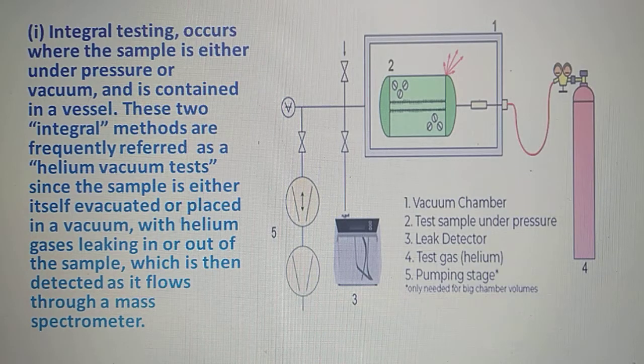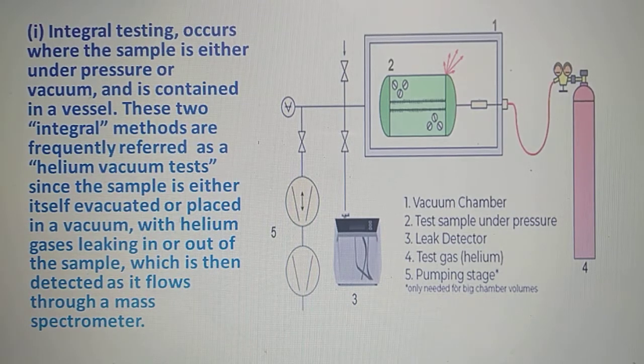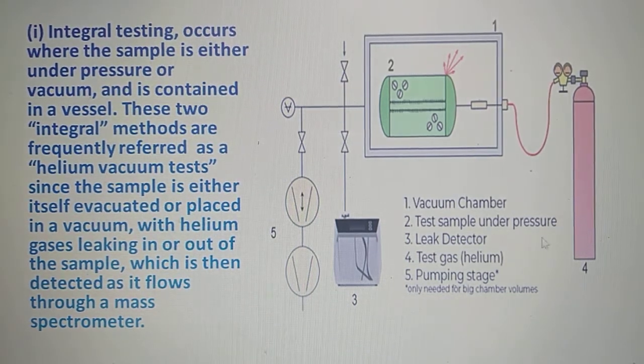So let's move to the first one, and the first method is integral testing. These are the two subtypes of helium test. In this integral testing diagram, you have helium gas.